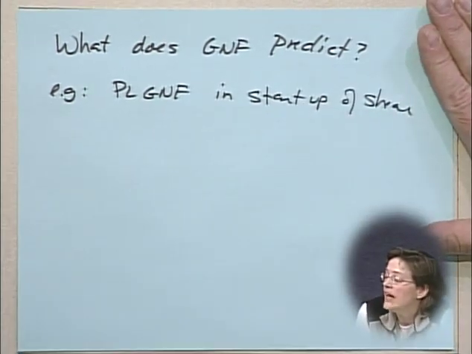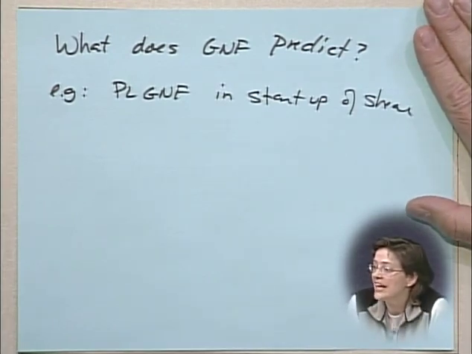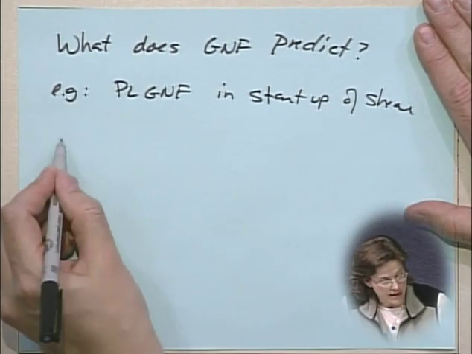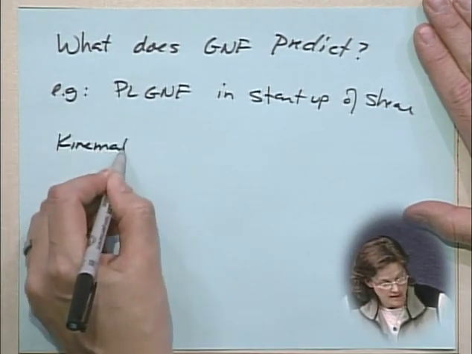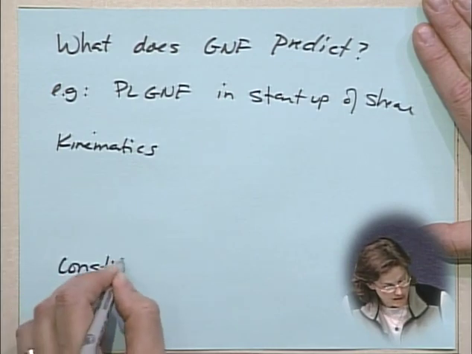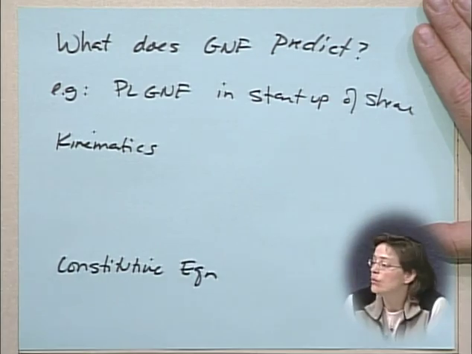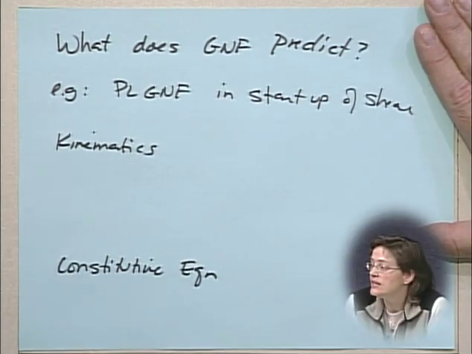As usual, when we did these predictions with the Newtonian model, we solved them the same way. We start with the kinematics and the constitutive equation, put the kinematics into the constitutive equation, and then calculate the material functions.